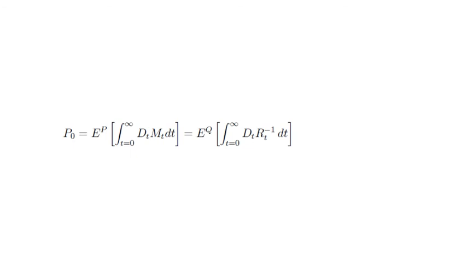You either discount future dividends by the stochastic discount factor and take the expectation under the empirical probability measure P, or you discount future dividends by the risk-free rate and you take the expectation under the risk-neutral measure.